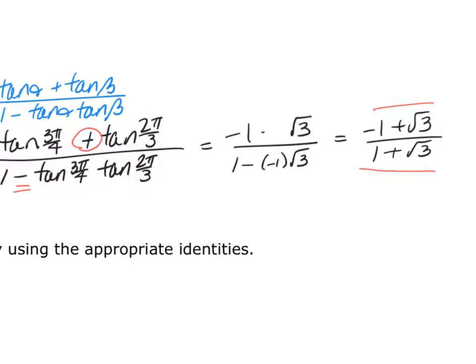So this should be a negative here because of the quadrant. And that makes this a negative here as well. And also, that makes this a negative here. A negative, negative. And so it'll end up just staying negative in the denominator as well.